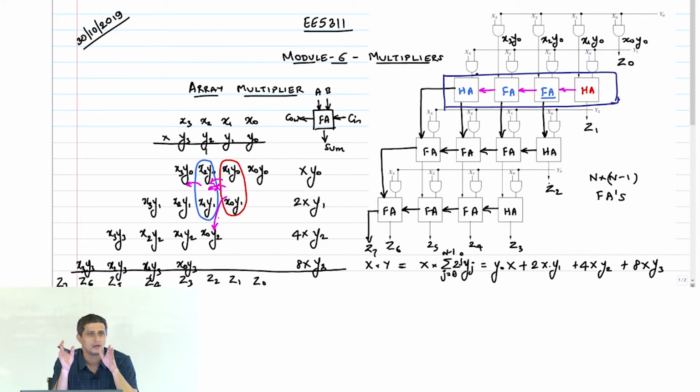You follow me? I need to add 3 numbers, x2, y0, x1, y1, x0, y2, plus a carry that's coming from the previous state. I need to add 4 numbers. That can be done in many ways. I'm saying you do x2, y0, x1, y1 first. Then you get the sum. Then you add that carry.